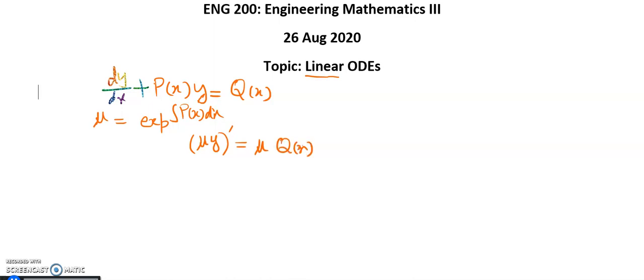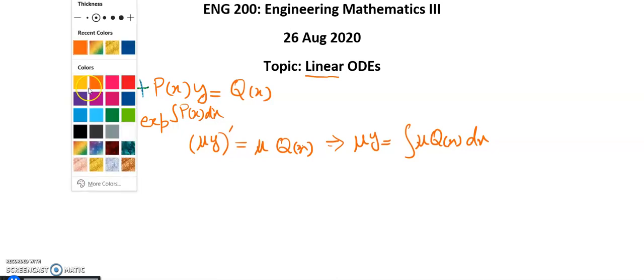This can be solved because if you take the integral of mu y prime, it will be simply mu times y, and on the other side you take the integral of mu times q of x. In this way we will get the solution. So let's see it with the help of an example.